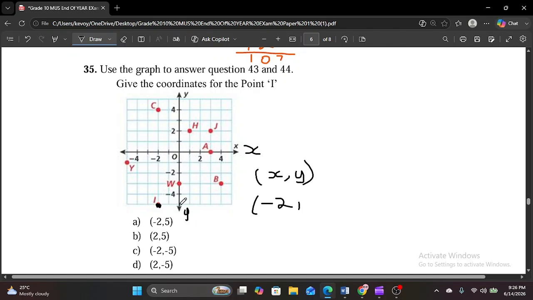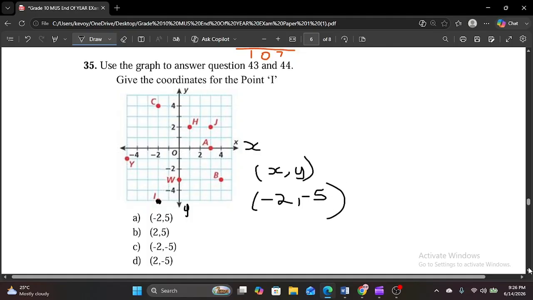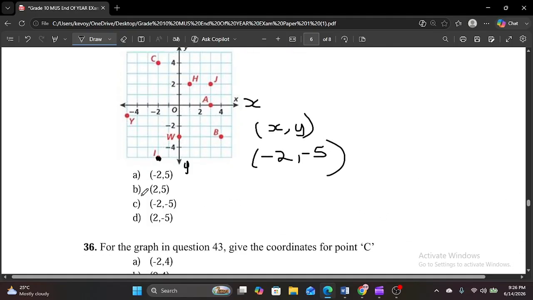Yeah, so that's going to be -5, because from -4 to this point right here, that's going to be -5. So that's going to be our coordinates for I. So -2 and -5. So C is the answer right here.